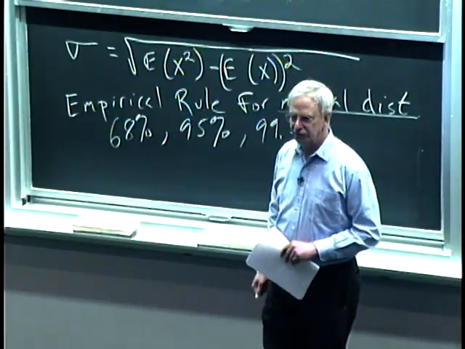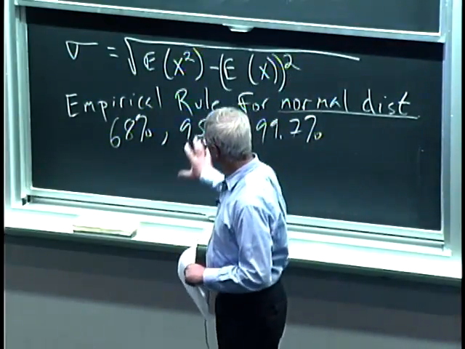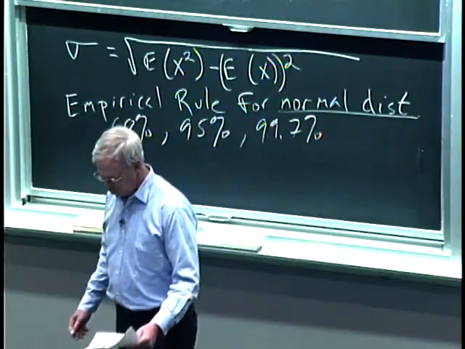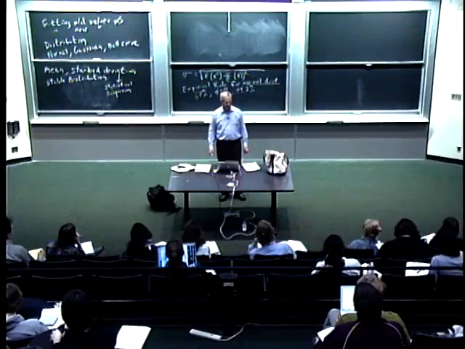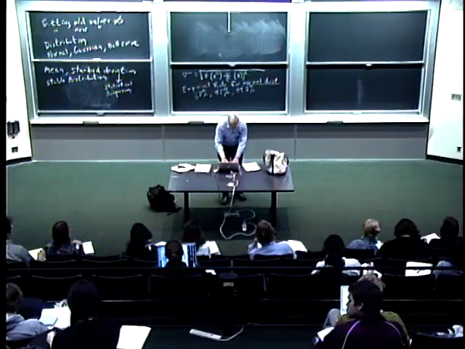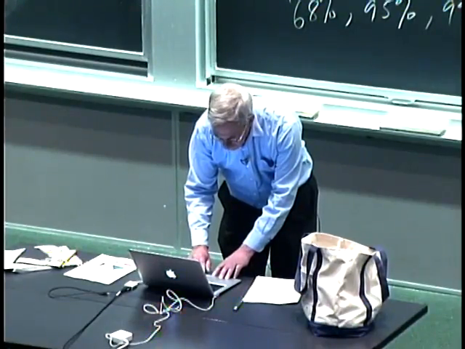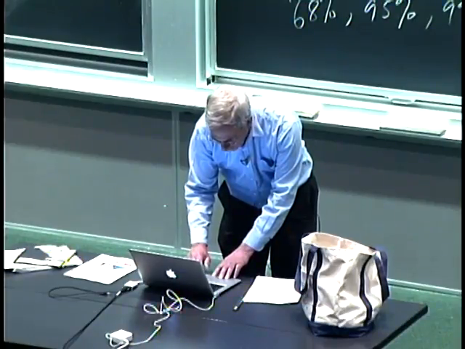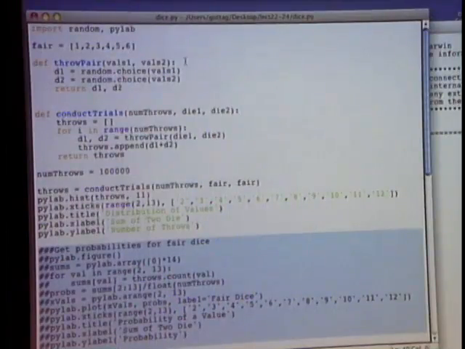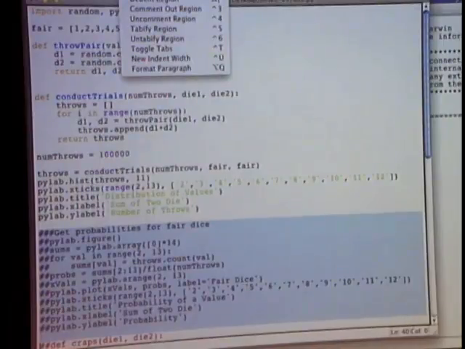People with me on this? It's amazing to me how many people in society talk about standard deviations without actually knowing what they are. Now, there's another way to look at the same data, or almost the same data. Since it's a random experiment, it won't be exactly the same.